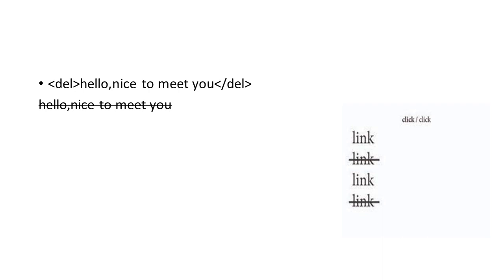In between, whatever you are writing, it gives you in the output, whether you are using underline, delete, whatever it might be. See, look at here. Hello, nice to meet you. Since you don't need this sentence, you are using delete, so it will delete it. In the middle, it shows a strike-off line. So this is what the delete function is.